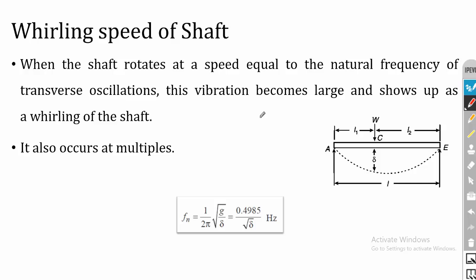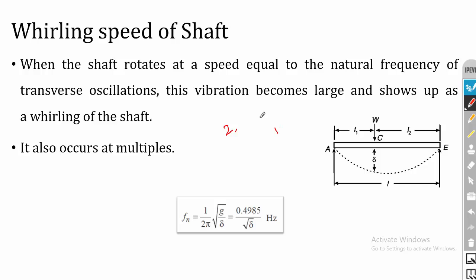Before designing any shaft, we must calculate the whirling speed of the shaft. Based on the degrees of freedom, we will have a number of whirling speeds. For example, if a system has 5 degrees of freedom, then it will have 5 natural frequencies. At minimum we should calculate the first 2 natural frequencies, and remember that the operating speed of the shaft should not match with the calculated whirling speed.